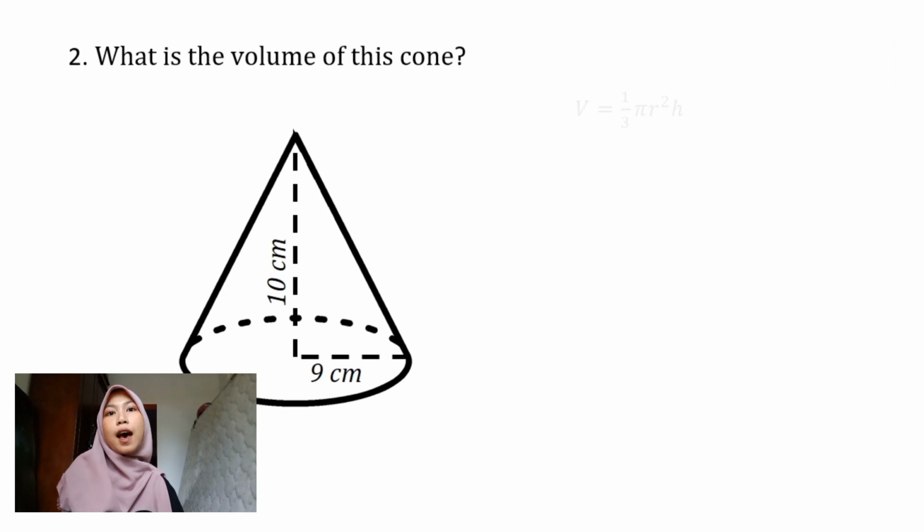So this cone has a radius of 9 centimeters and a height of 10 centimeters. Then we can just plug the information into the formula. Volume is equal to 1/3 times pi times radius squared times height.